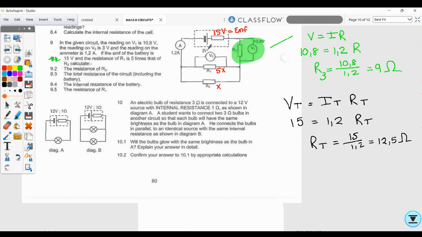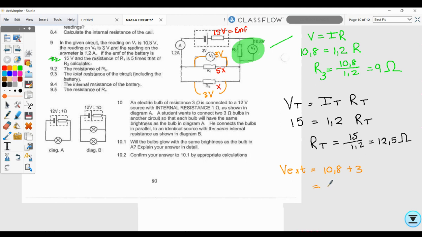We know that this voltmeter reading here is 3 volts. So what would the voltmeter reading here be? Also 3 volts. So what is V external actually? 10,8 plus 3 volts is my V external.